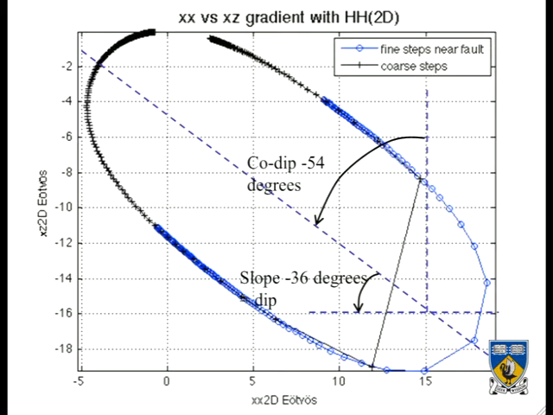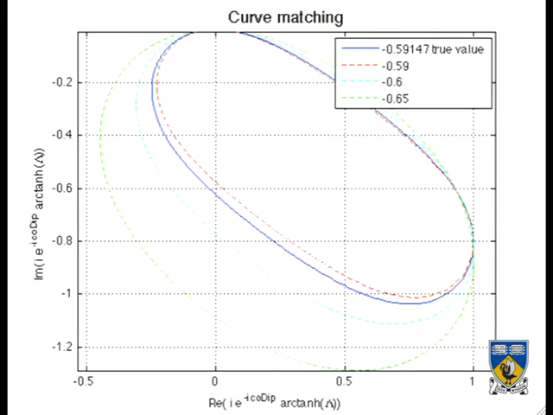And then there are the actual dimensions of the axes, so there are 5 parameters we can invert. One of them is the dip. I'm not going to bore you with a lot of this, but this is plotting the same information in an Argand diagram, with the imaginary complex plane there and the real plane there. There's a whole family of curve matching which we've experimented with, and how robust the methods are to the true value, and if you've got a mistake with the density, what happens, and all this sort of thing.